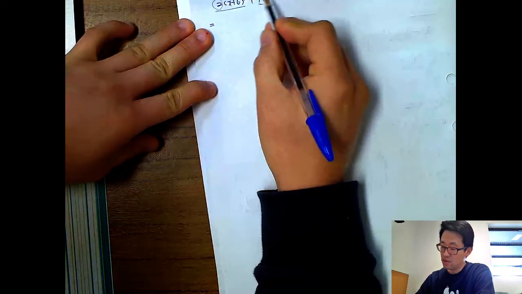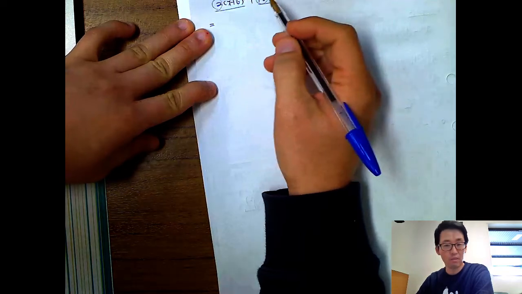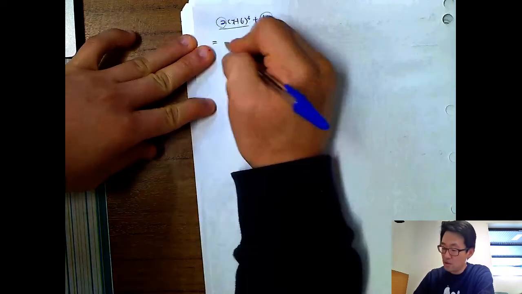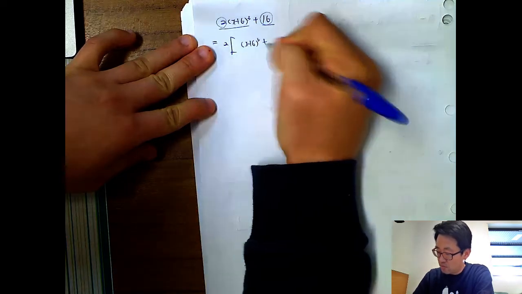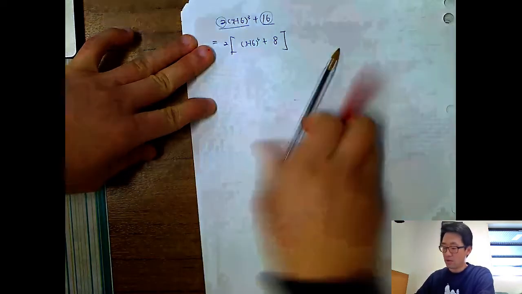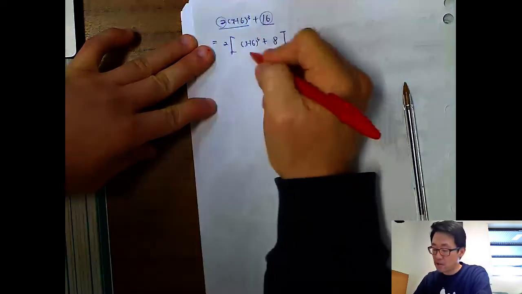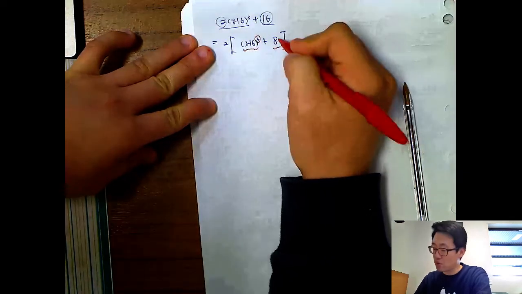Oh, I can see this is an even number, so I can divide by 2, isn't it? So 2 times (x plus 6) cubed plus 8. And then I see, oh, this is a cube, so is there any chance this one is a cube too? Yeah, looks like it.